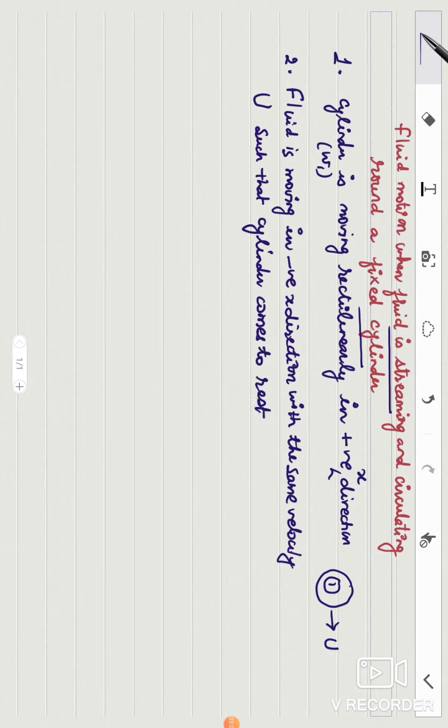So in the previous article we have seen the combination of these two cases. Let it be described by W2.